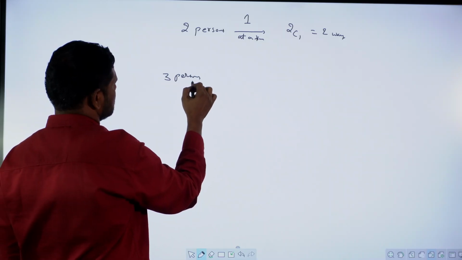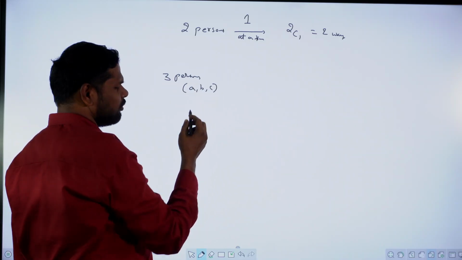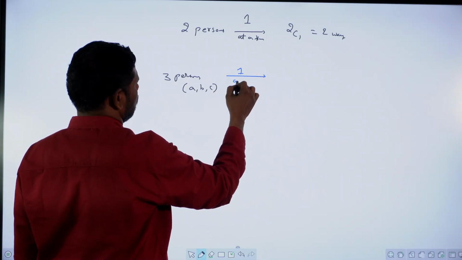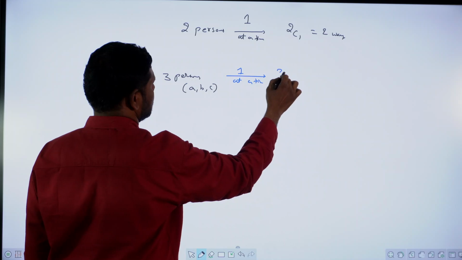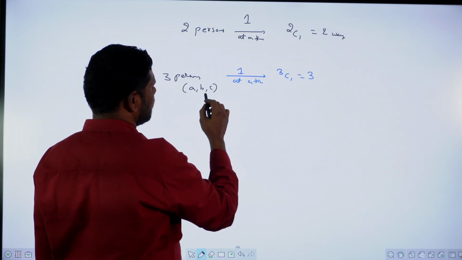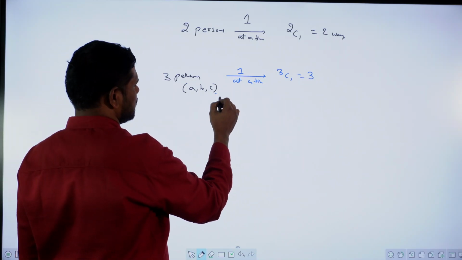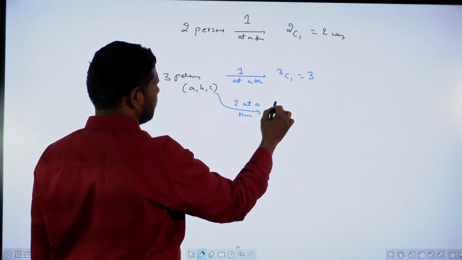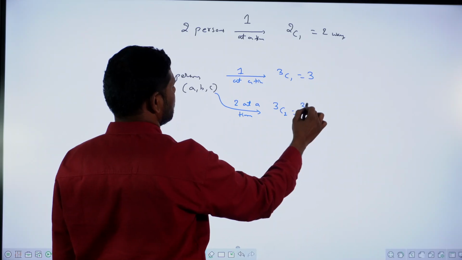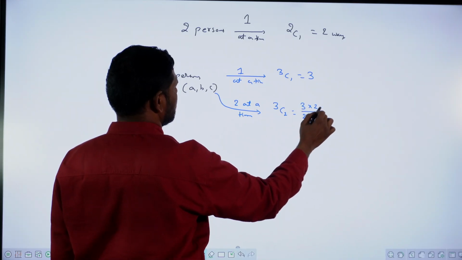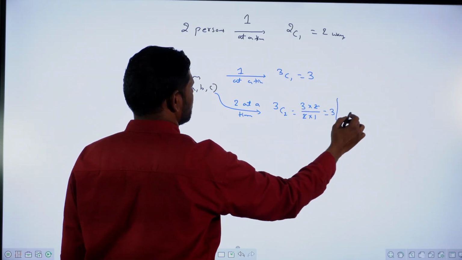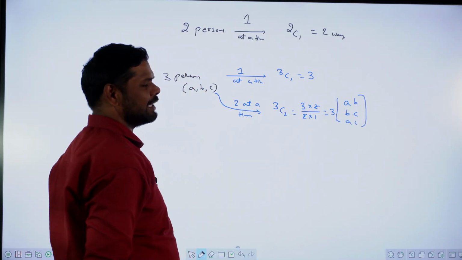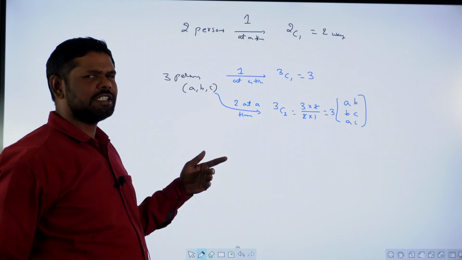Suppose three persons, not only persons, three fruits, whatever it is, A, B, C. Here, one at a time means 3C1, nothing but 3, A, B, C separately. Suppose two at a time, we need to select two at a time means 3C2. Nothing but 3 into 2 by 2 into 1, nothing but 3 ways. What are they? AB, BC, AC. These are the three cases, two at a time. Three at a time means 3C3, 1.